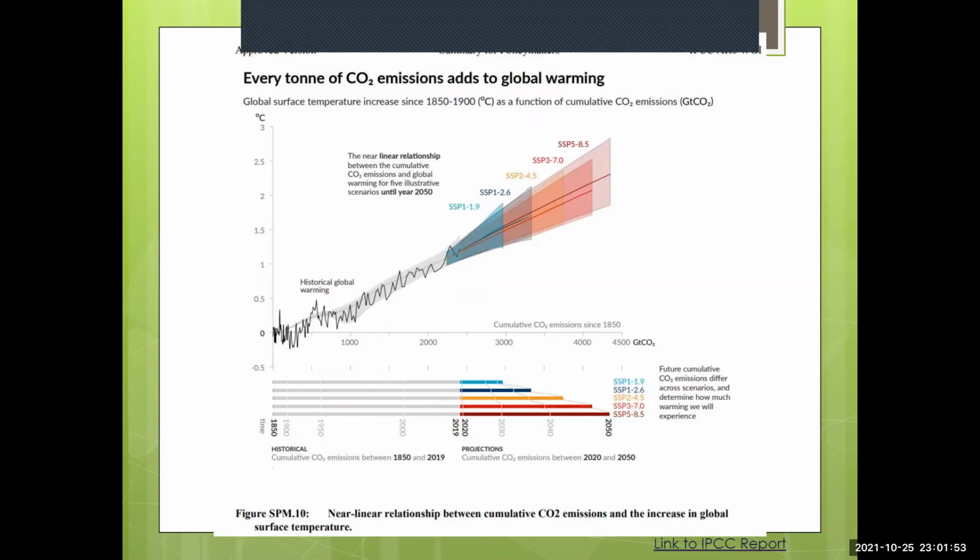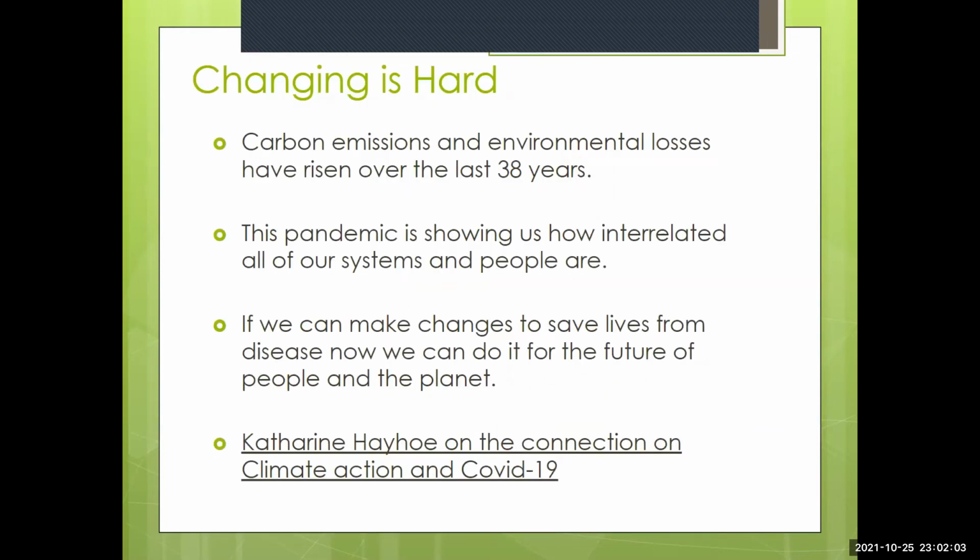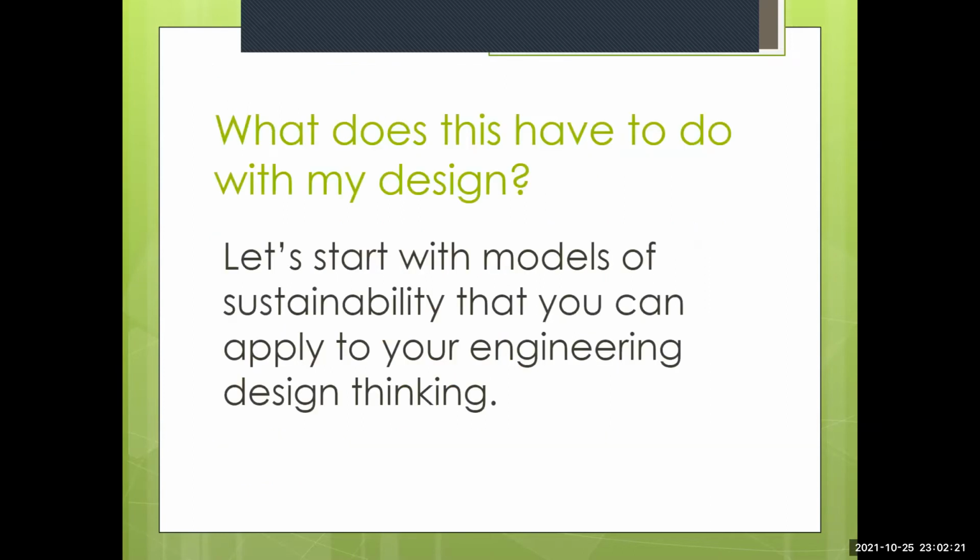So knowing what carbon emissions are associated with your design is one way of looking at this. Just one way. The pandemic has shown us how all this stuff is interconnected, and so we need to make some changes. And you'll get these slides. There's a whole bunch of links on here to different things.